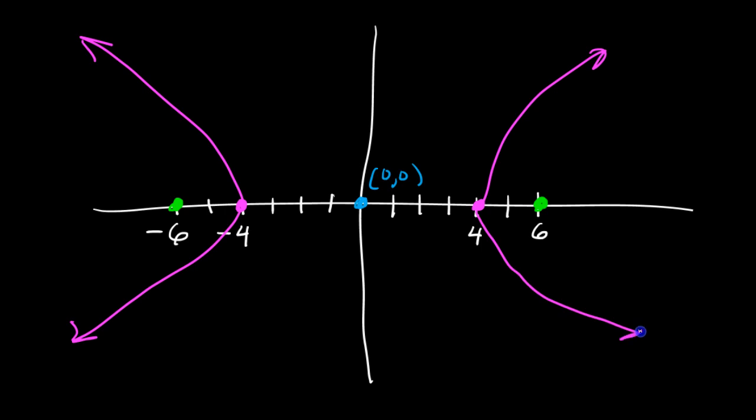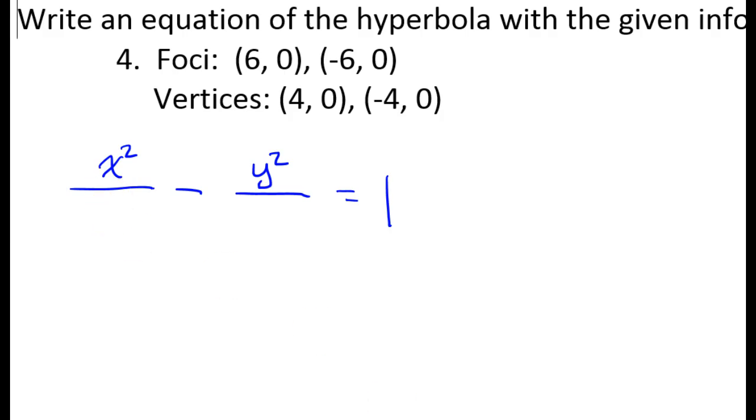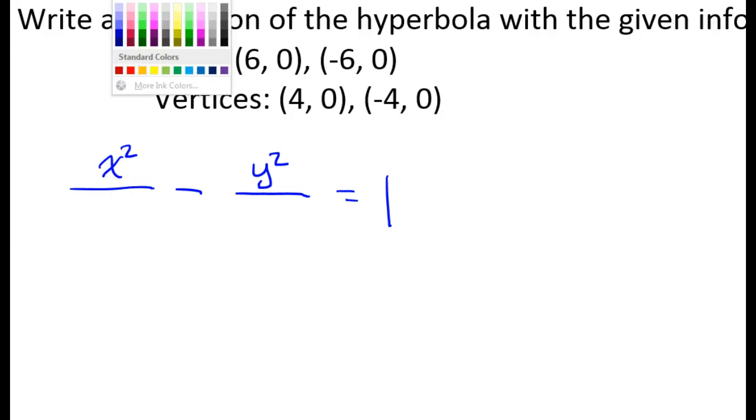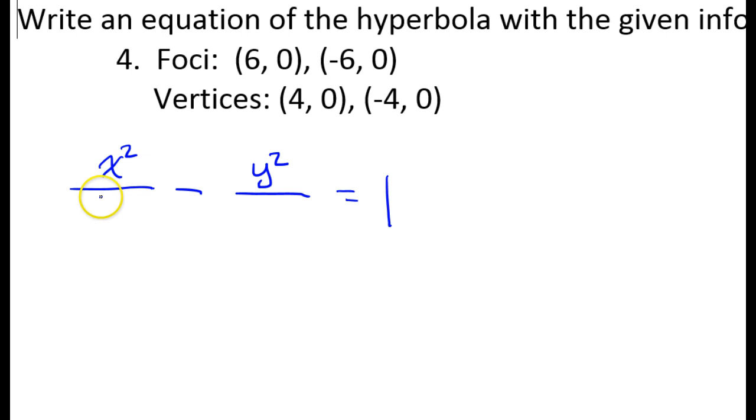But in terms of the equation, I now have the a value, because the distance from the center to a vertex is the a value. So a is 4. That means that a squared is 16. Because this is horizontal, this 16 definitely goes with the x term. So I'm going to have 16 right there.